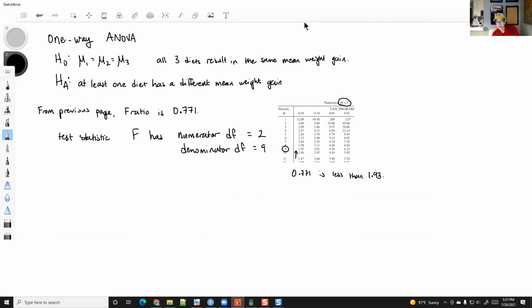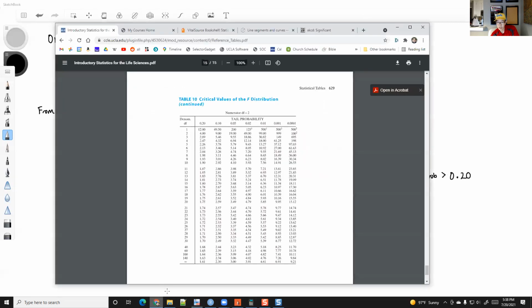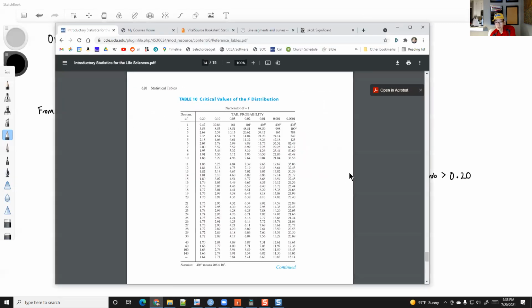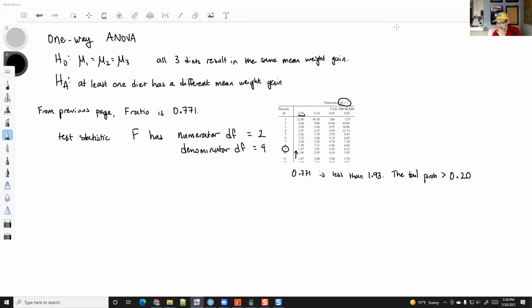So the corresponding tail probability is going to be greater than our column heading, 20%. I think that's comfortable with you guys, right? All right, so that's what we have.